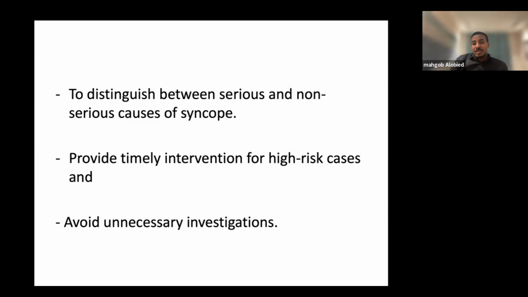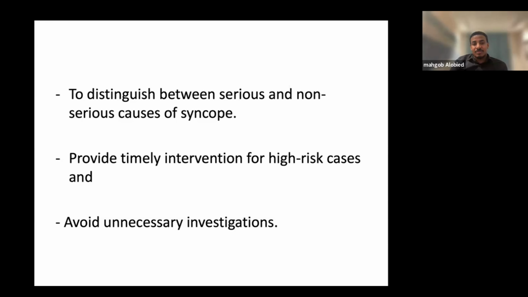And the other thing, as Mervat said, is to provide interventions in high-risk patients, so stabilize the patient. If you find syncope or loss of consciousness, it is a sign of instability in the ALS algorithm, and in most of the algorithms that you will find.